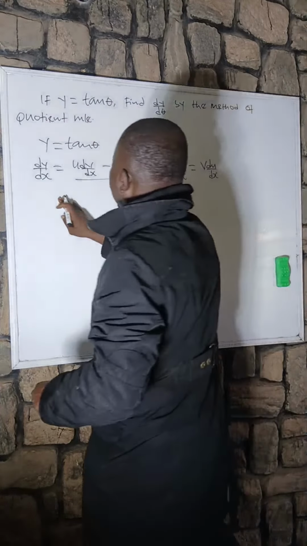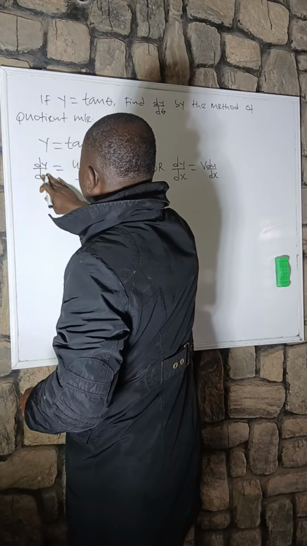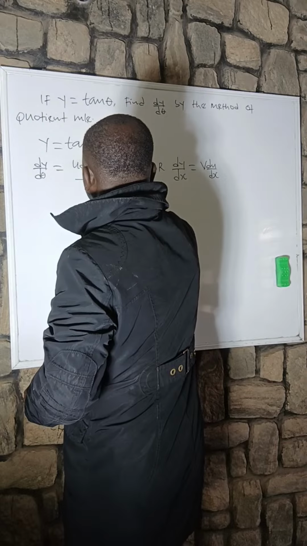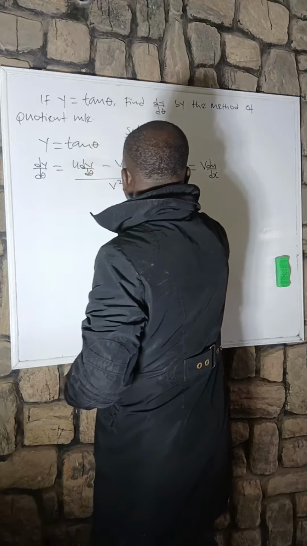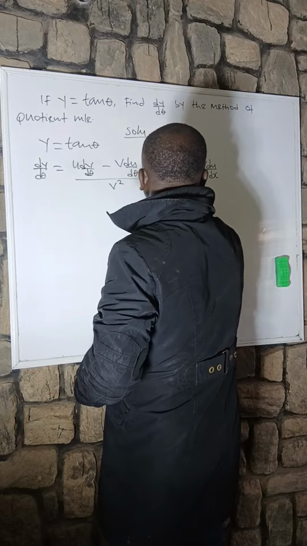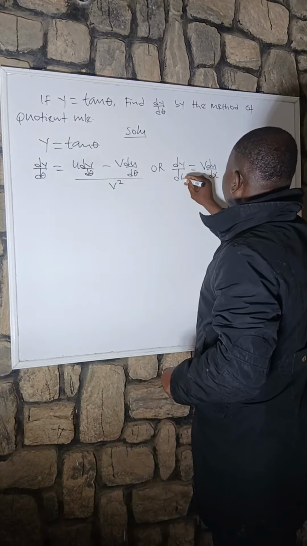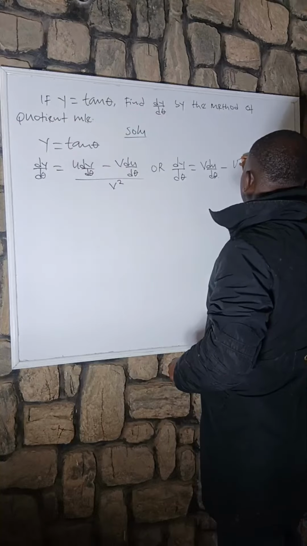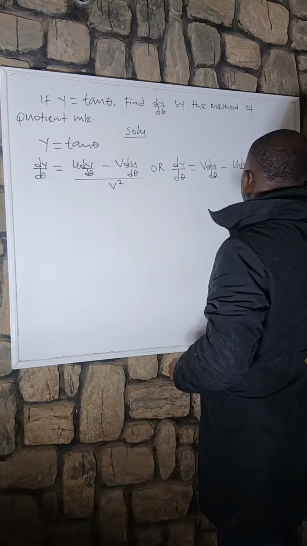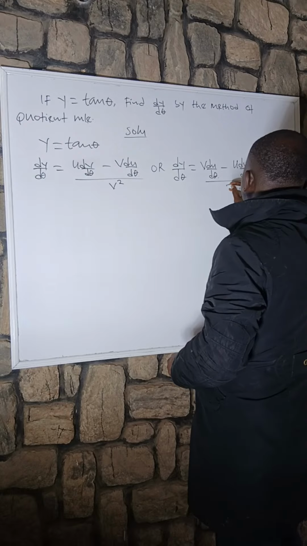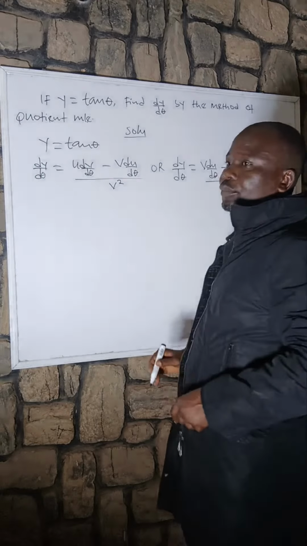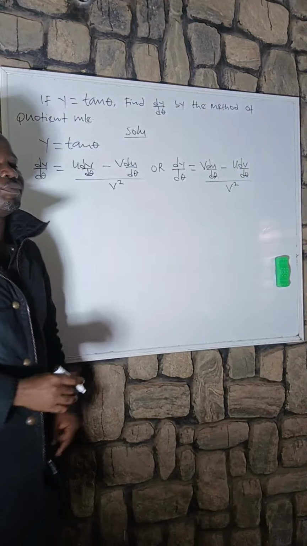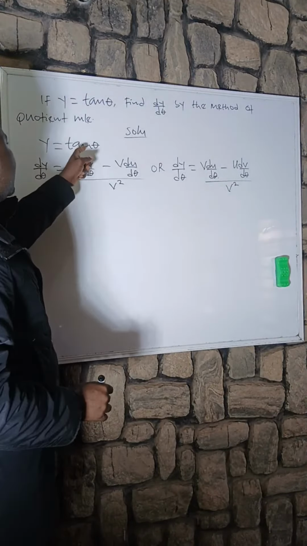Since we are talking about theta, here we are not going to include x, but theta. Is that clear? Take note, it's very important. So dy all over d theta equals v du all over d theta minus u dv all over d theta all over v square.